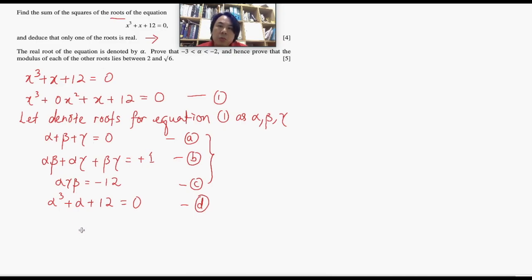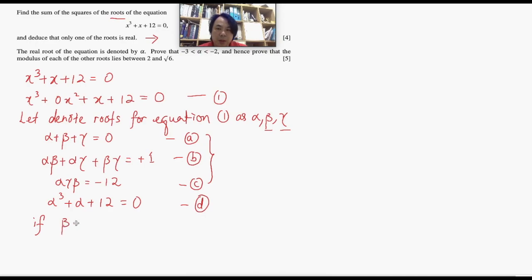If we have two roots that are complex, usually these two roots will come in the form of complementary roots. Let's assume that beta and gamma are complex. Usually they come in the form of complements of each other.